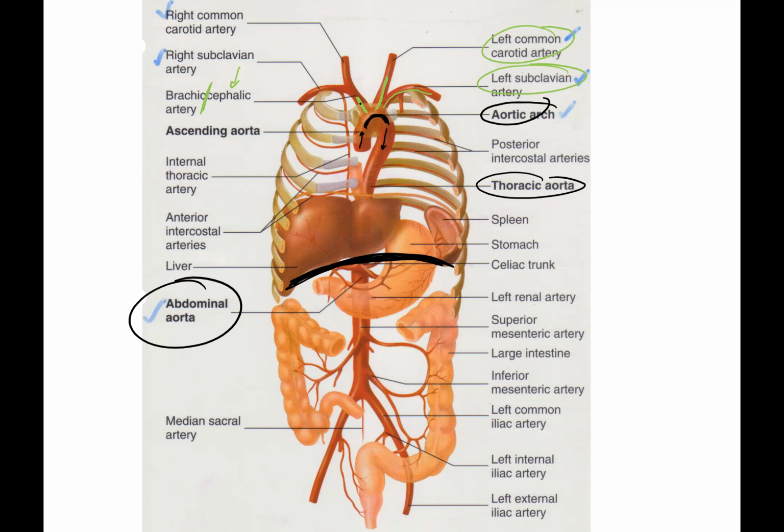Okay, so the brachiocephalic then branches into the right subclavian and the right common carotid. Now this word common is letting you know that this tube is getting ready to split.